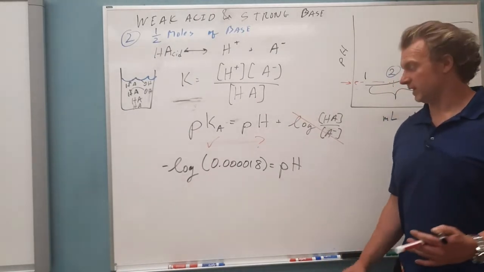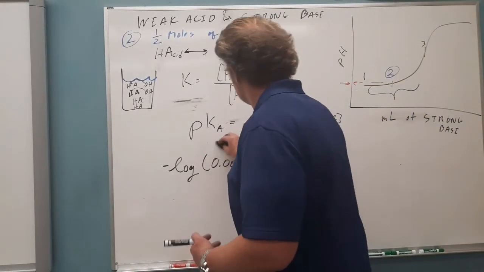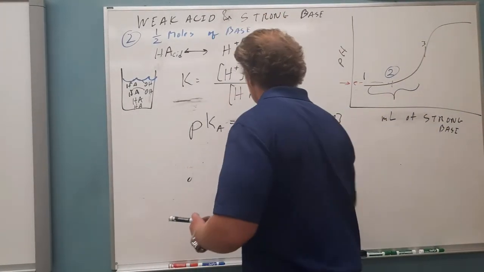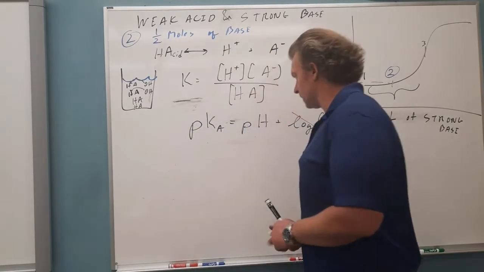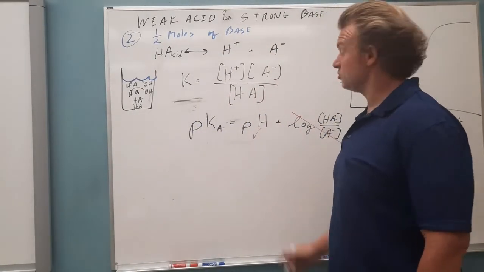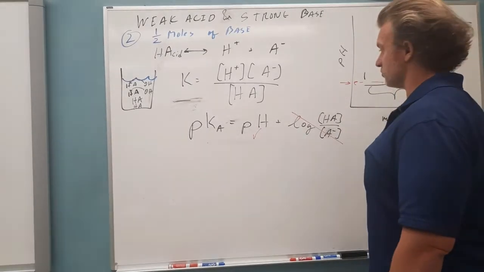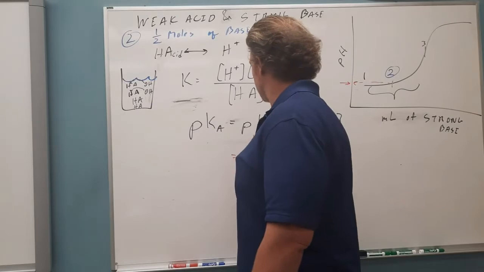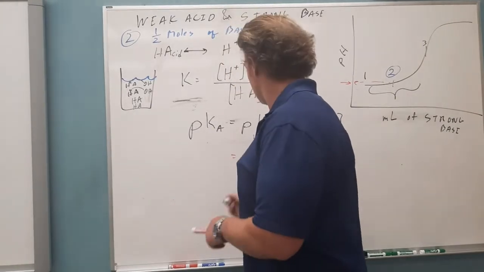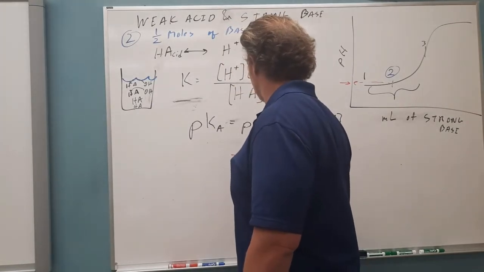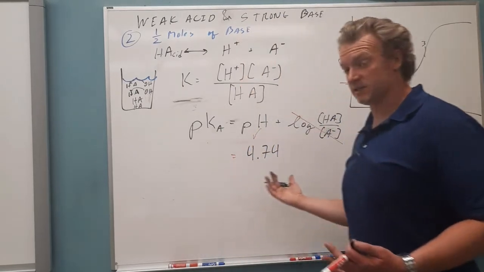The vice versa way. You measure the pH. You run the titration curve and you don't know what the acid is, but nevertheless you run the titration curve and you observe a pH of say 4.74. I am just making this number up for illustrative purposes.